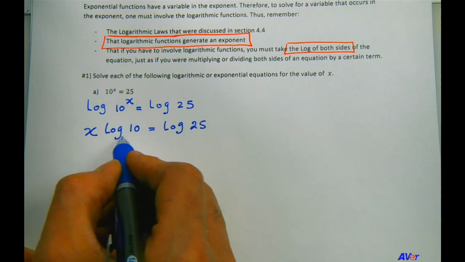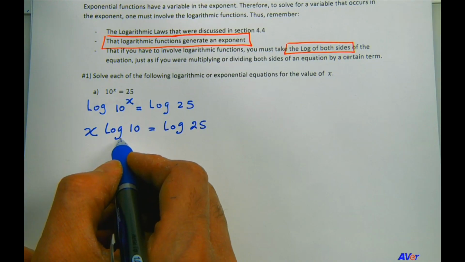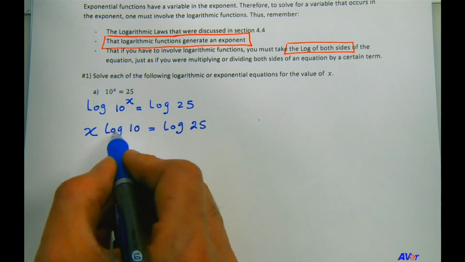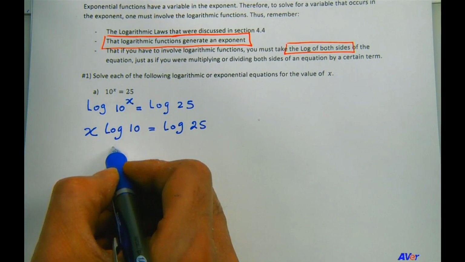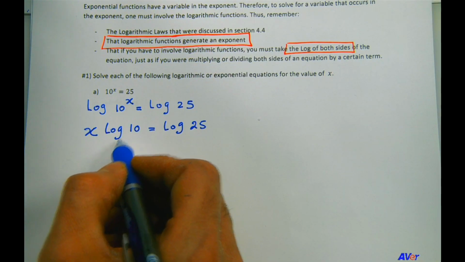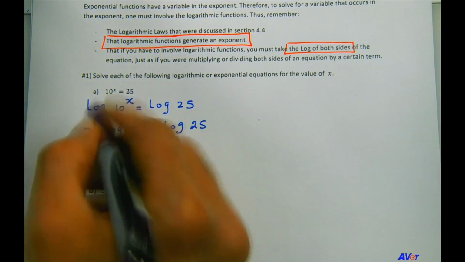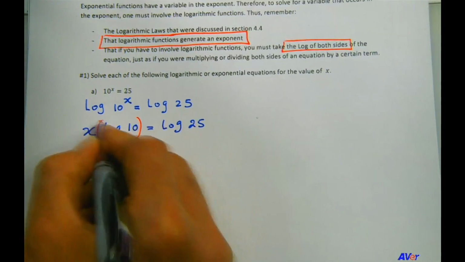Now the base here is missing, right? It's not written. What did we say about log functions with a missing base? That means that base is 10. So what do we know about log of any number to the same base as that number? That equals 1. We talked about it last time, right? So this whole thing is equal to 1.